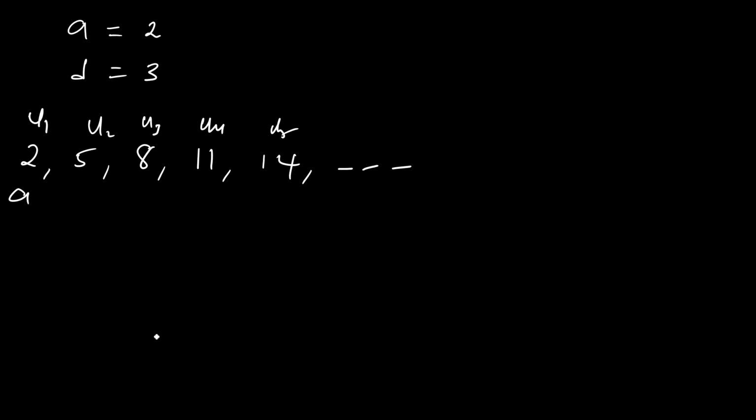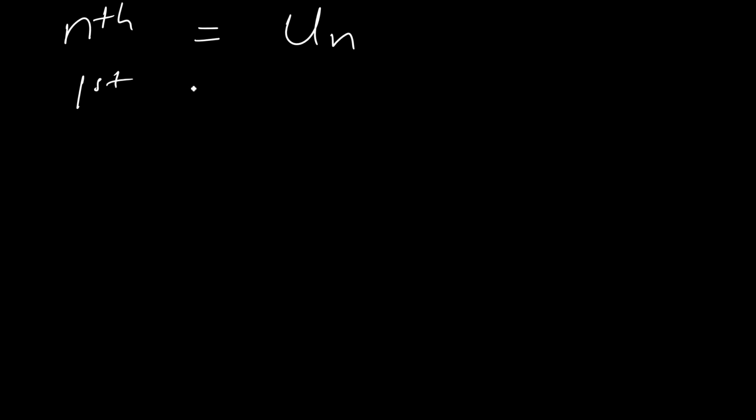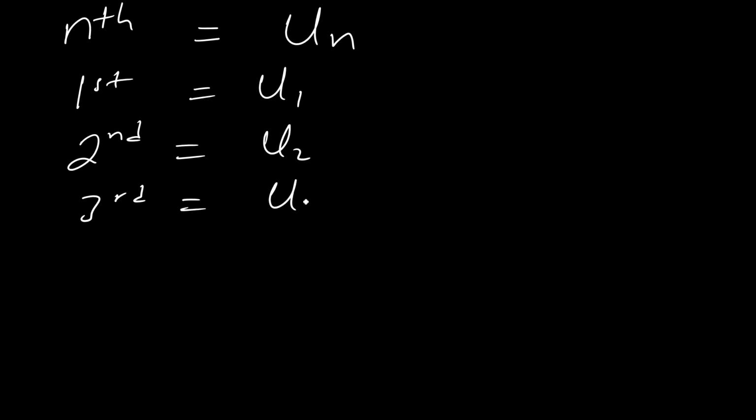Before that, the nth term is denoted by Un. It means that the first term is U1, the second term is U2, the third term is U3, in that order.